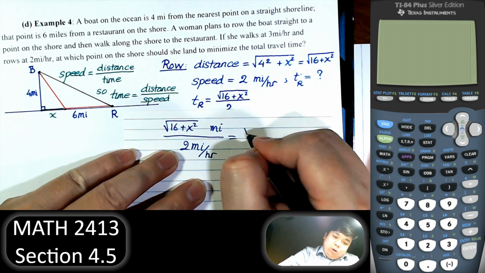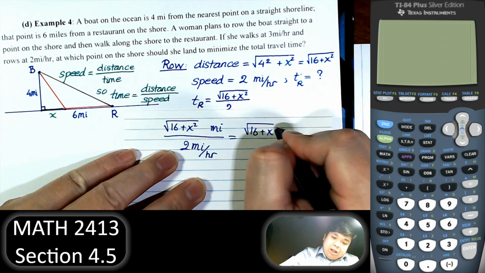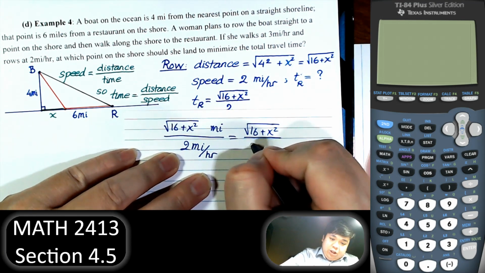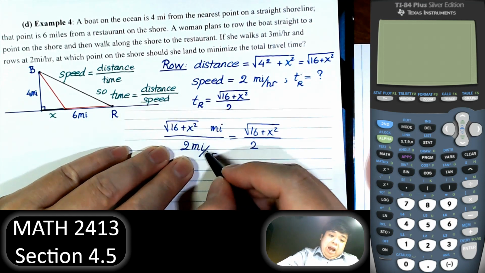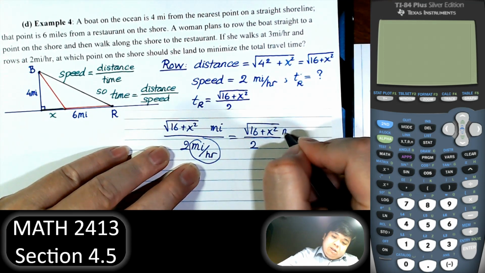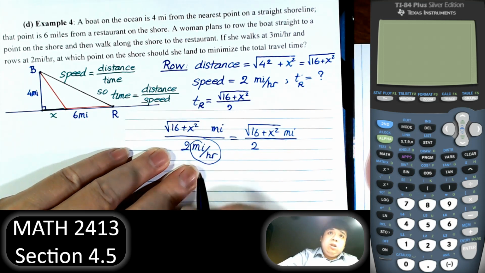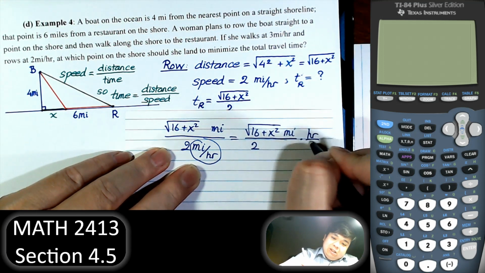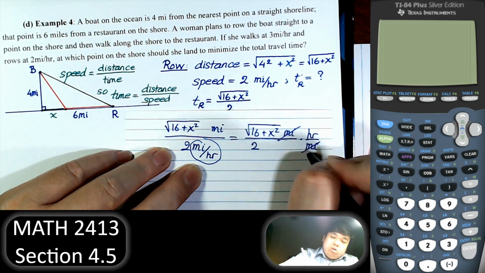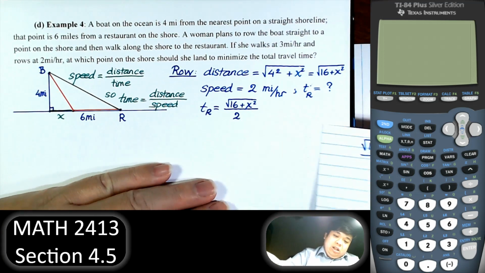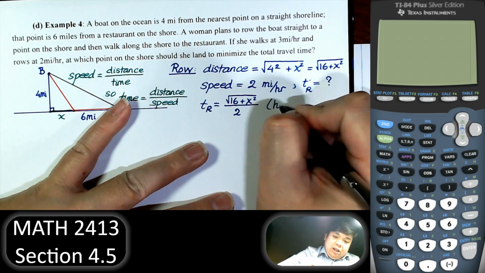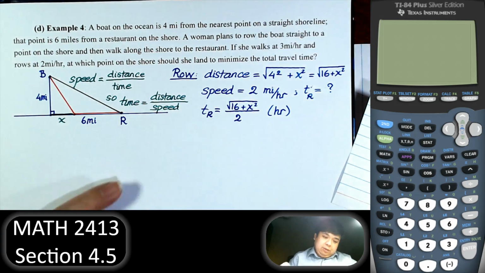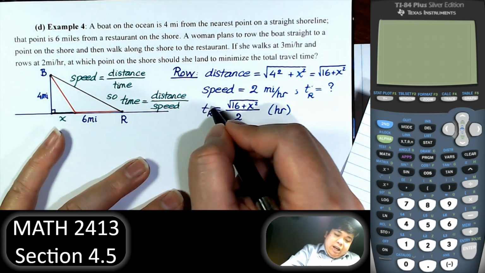So we have the square root of 16 plus x squared over 2, and then miles on the top, miles per hour at the bottom. We're going to flip, and miles cancel out. So we have the unit here, of course, that will be in hours. So that is the distance rowing, and the speed and the time.